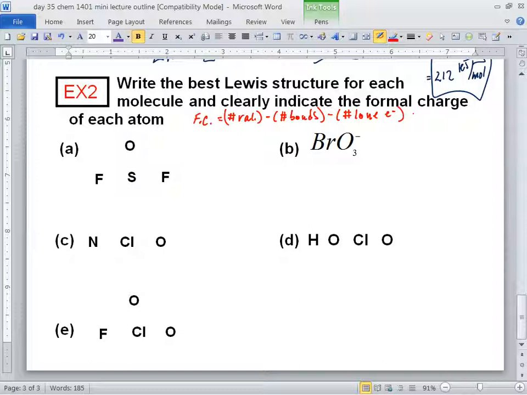I would write a Lewis structure first and follow that general idea, right? Where you make octets and everything surrounding, anything left over, put on the center atom. That's your starting point. And you see if that's your right answer.